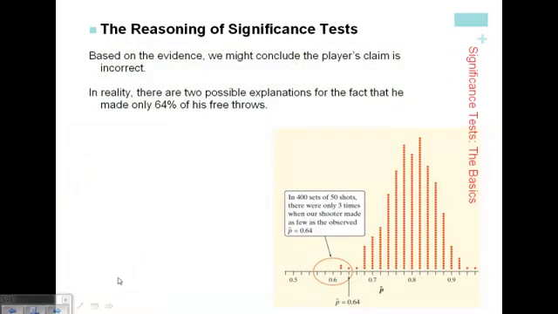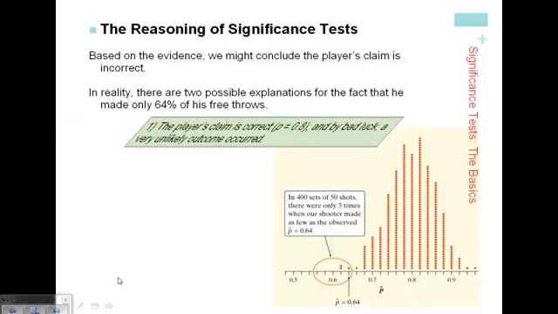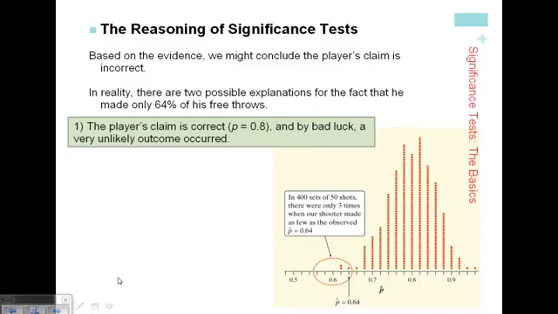Okay. So based on evidence, we may conclude the player's claim is incorrect. But in reality, there's actually 2 possibilities. One possibility is the player's claim is correct, but he just got unlucky.